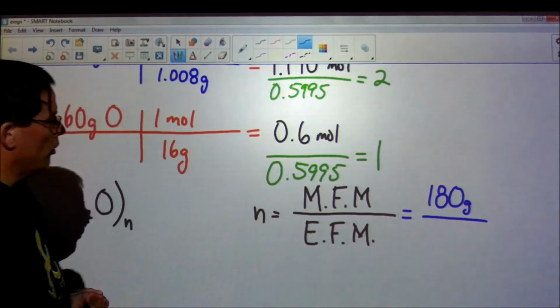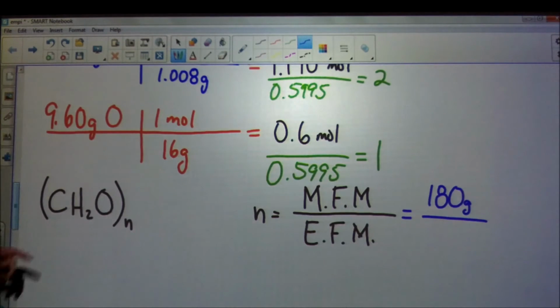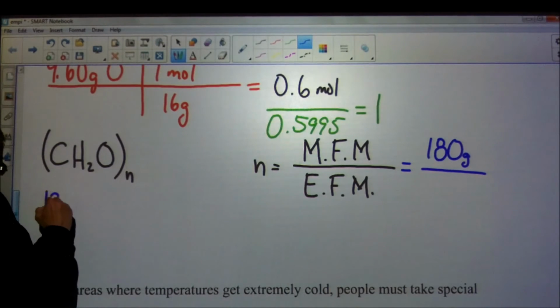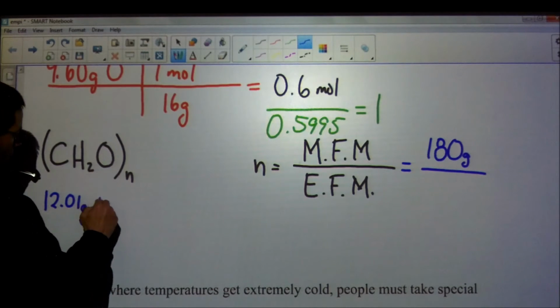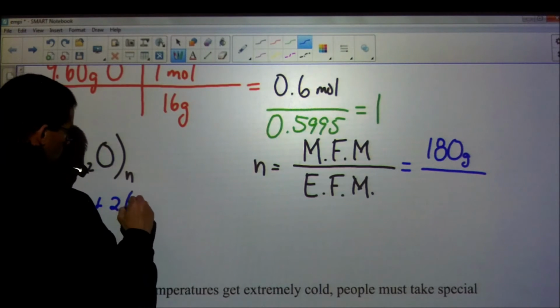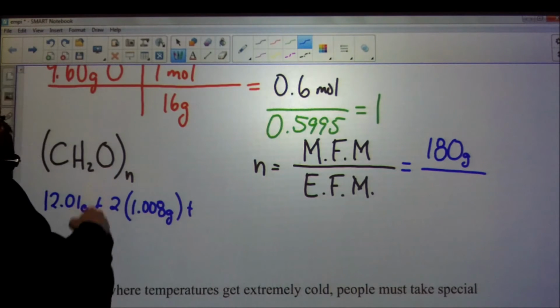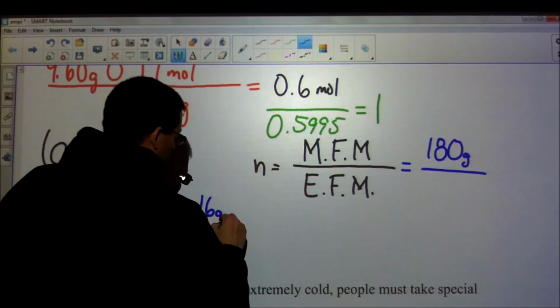Now you have to decide what the empirical formula mass is. To do that, you have to look at how many of each of the elements you have. So carbon 12.01 plus 2 hydrogens, which is 1.008, plus 1 oxygen, which is 16.